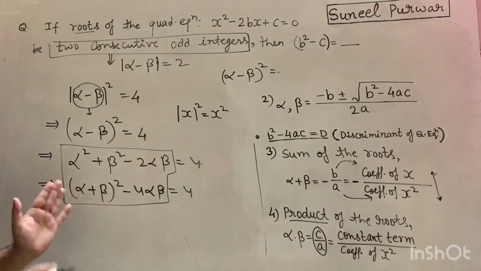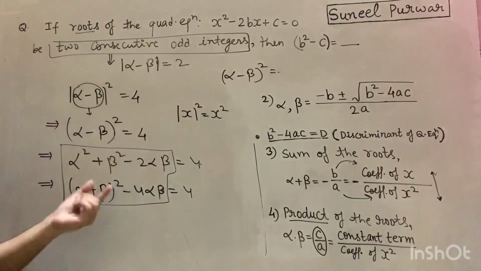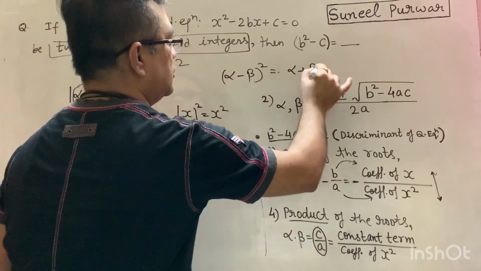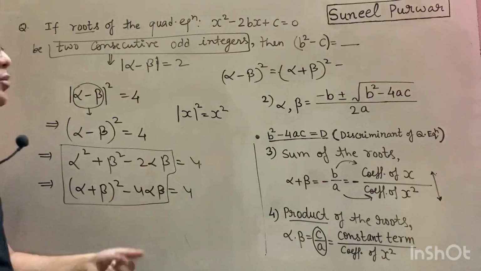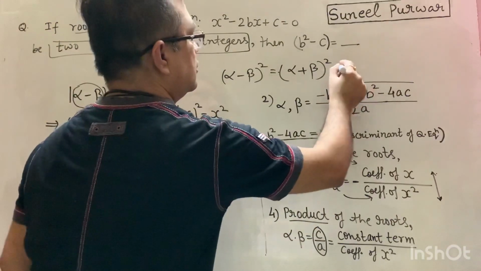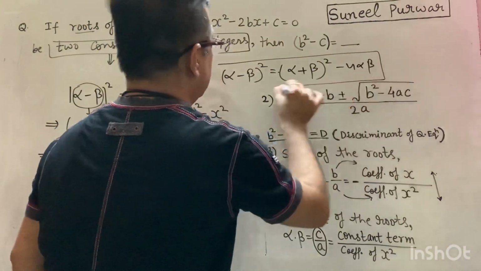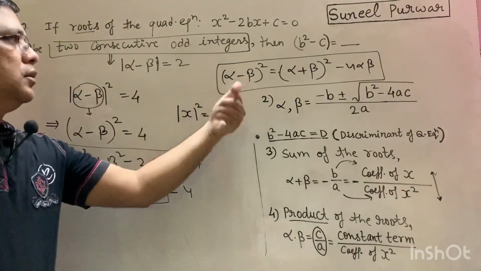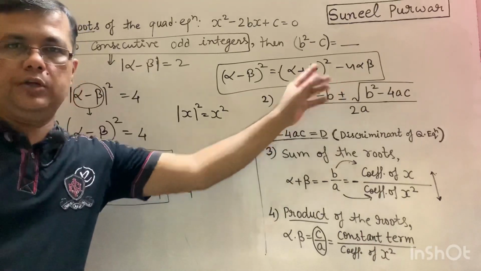So from next time you can directly write square of alpha minus beta is equal to alpha plus beta whole square minus 4 alpha beta. So whenever a question involves the difference of the roots, say alpha minus beta, you can use this as an identity for the purpose of simplification. Got it?